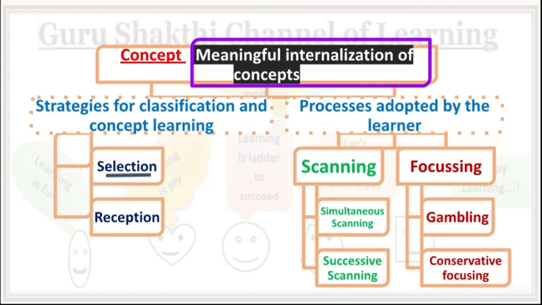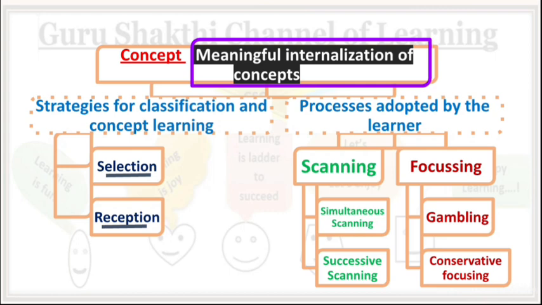In selection strategy, the learners choose something to study and use their own way of concluding and forming judgments in order to classify and learn concept. In reception strategy, an expert such as a teacher or lecturer or professor provides an instance which could be positive or negative.